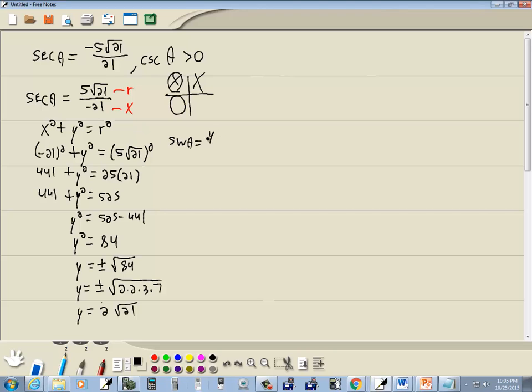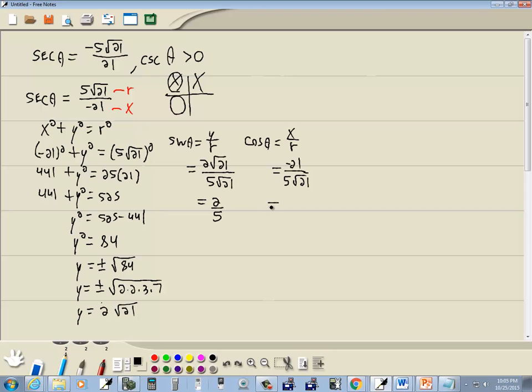Okay, so now we're ready to find our sine. Sine theta is equal to y over r. So we're going to have 2 square root of 21 over r, which is 5 square root of 21. The square root of 21's cancel, and we got 2/5. That works out nice. We got cosine theta as x over r. X was negative 21 over r, which was 5 square root of 21.